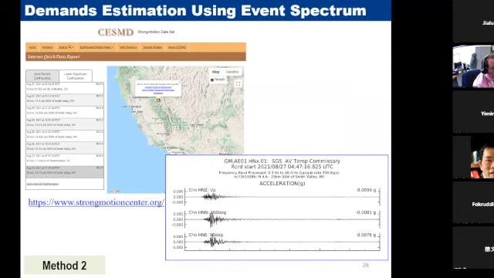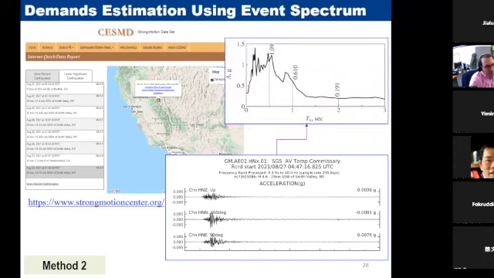A few minutes after the earthquake, they will process it and give you the ground motion, and then we have built-in software or MATLAB codes. You can process it, and then you can get the event spectrum. What's the use for it? Then you have your spectrum, and you follow the technique I described in method one, but rather than using the design spectrum, you use the event spectrum to estimate the displacement of the bridge column after the earthquake.